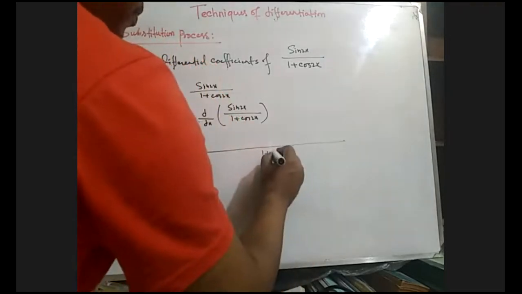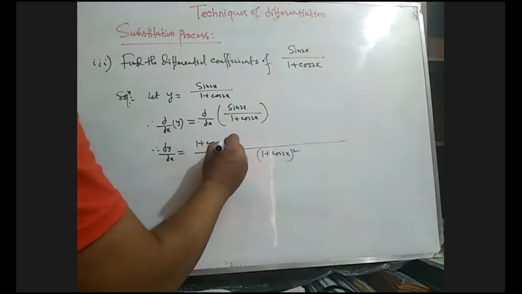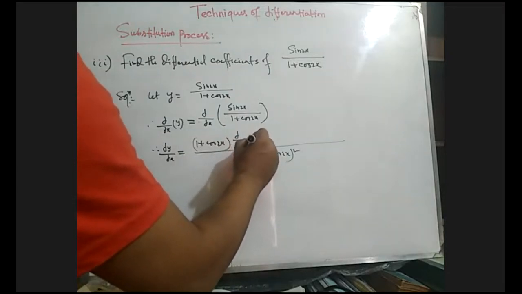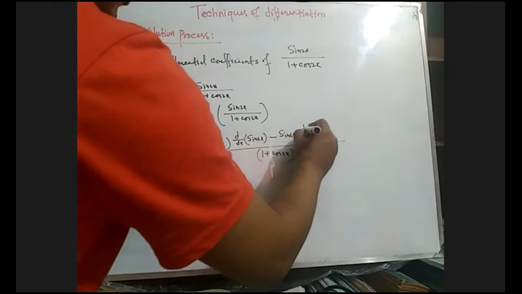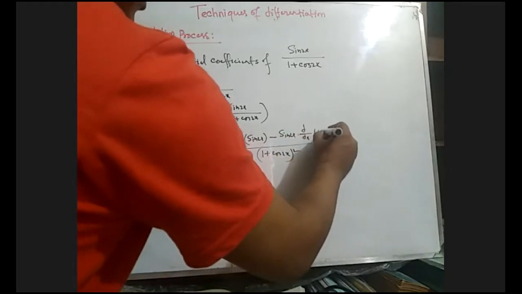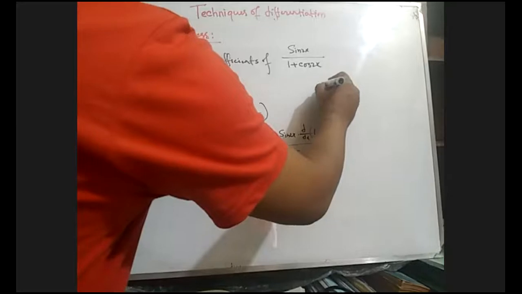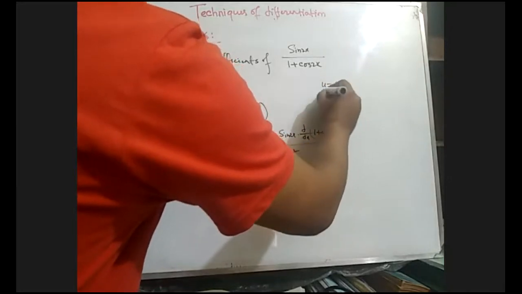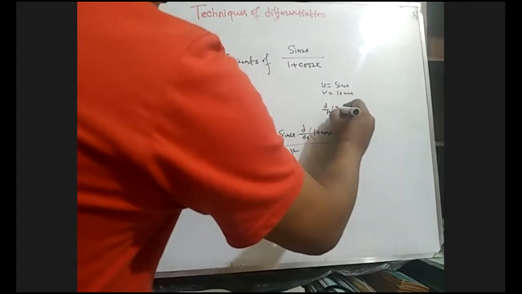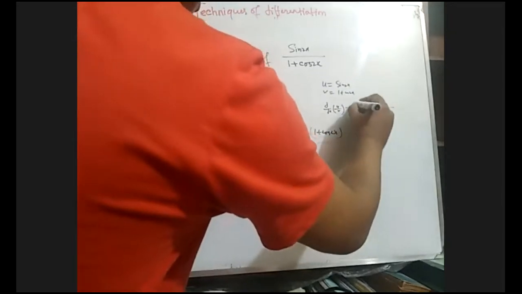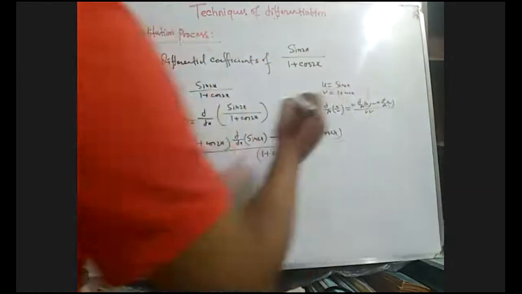The u by v rule will be: v squared in the denominator, v into d/dx of u minus u into d/dx of v. This is the second rule. Here u equals sin 2x and v equals 1 plus cos 2x.